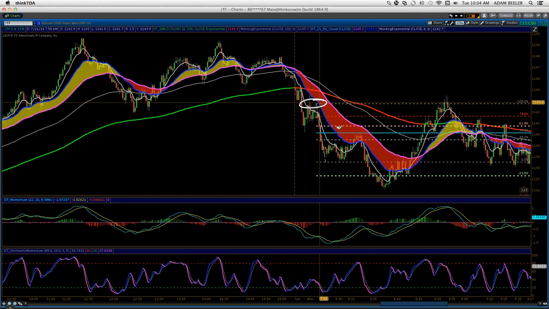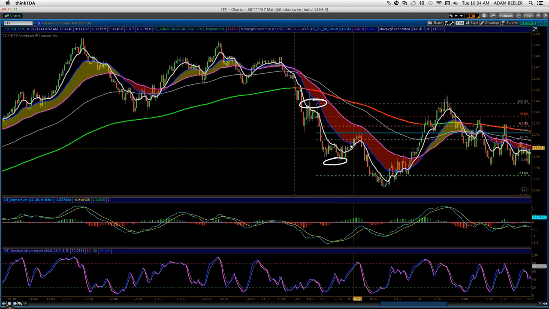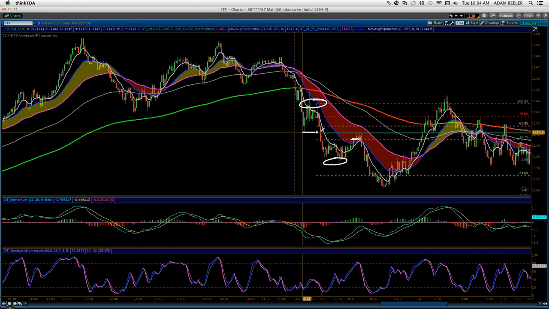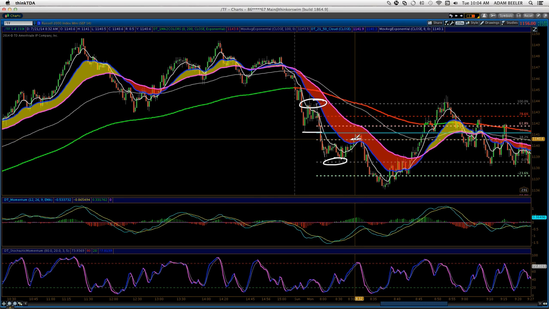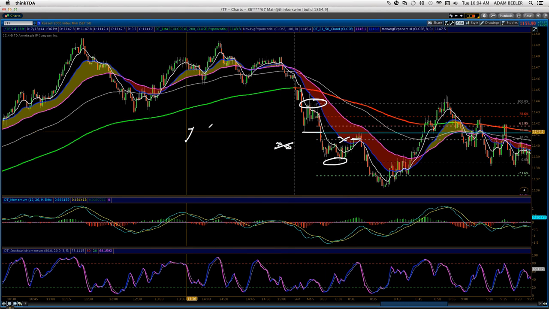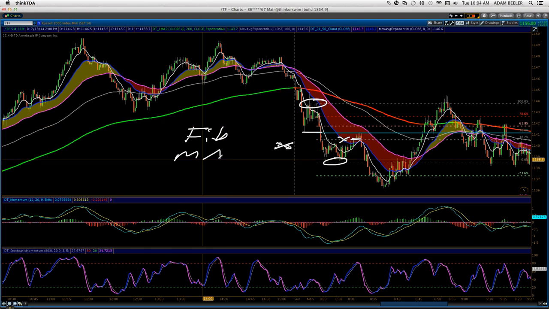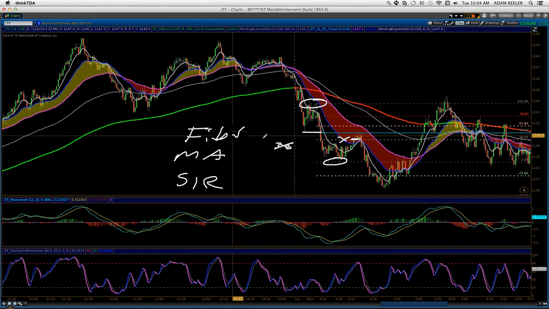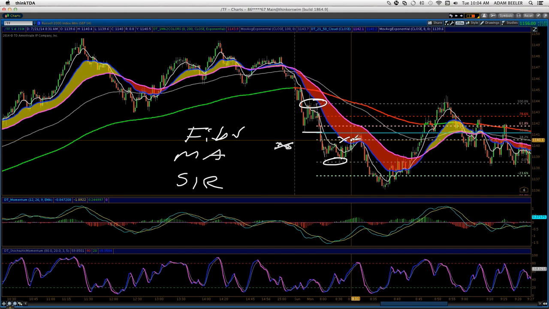We have this previous swing high to low. As this market's pulling back, the 38% doesn't have support and resistance, and it doesn't have a moving average here. So we would not use the 38% in this situation. It only has fib. It doesn't have the other two. So the 38 is out.